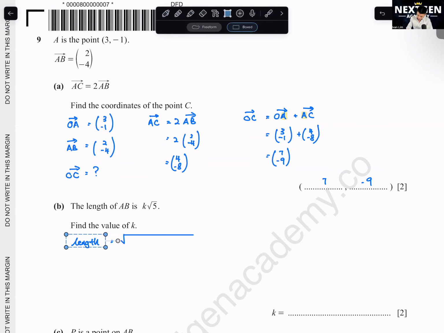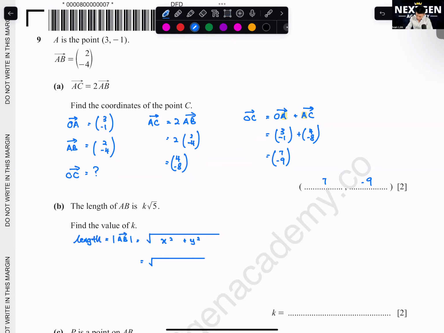Length is also the magnitude of AB, which is the square root of x squared plus y squared. Here we'll get 2 squared plus (-4) squared. Then 4 plus 16, which is root 20.